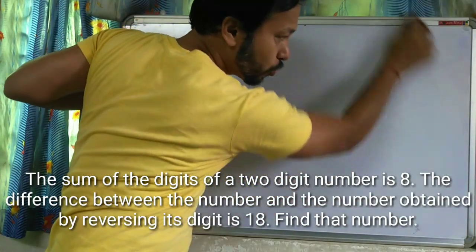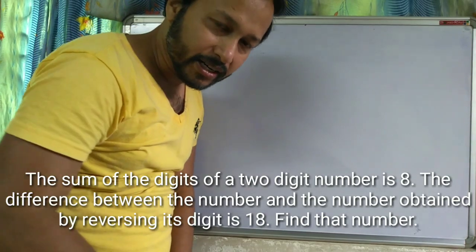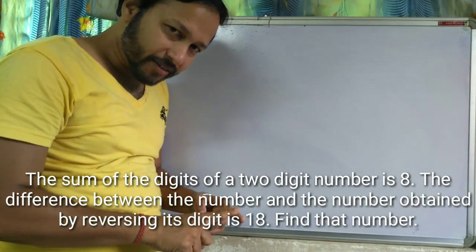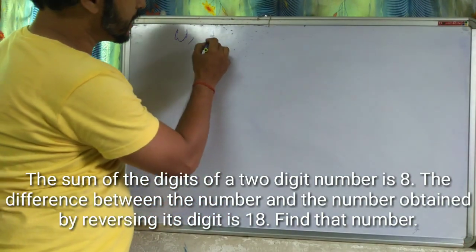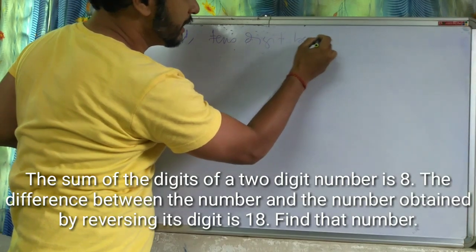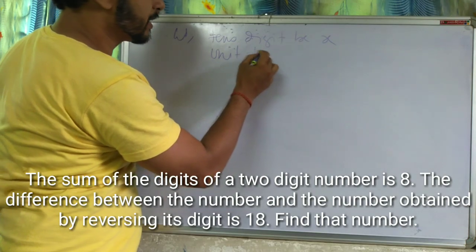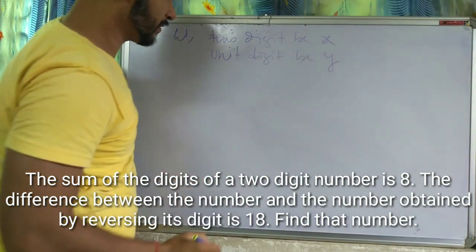Now if you read this question, both the digits are not given. Unit digit is not given, tens digit is also not given. Let tens digit be x and unit digit be y.